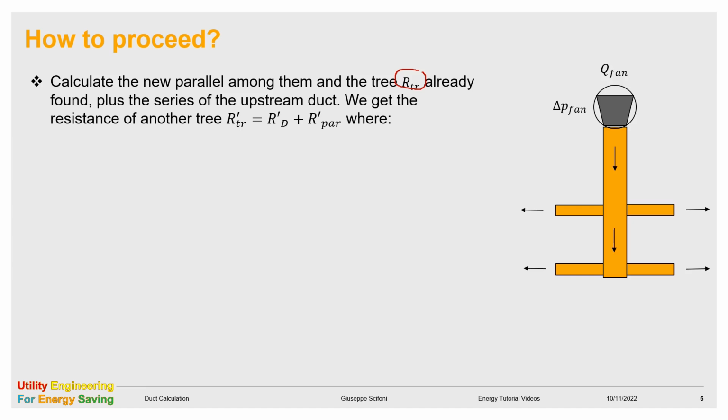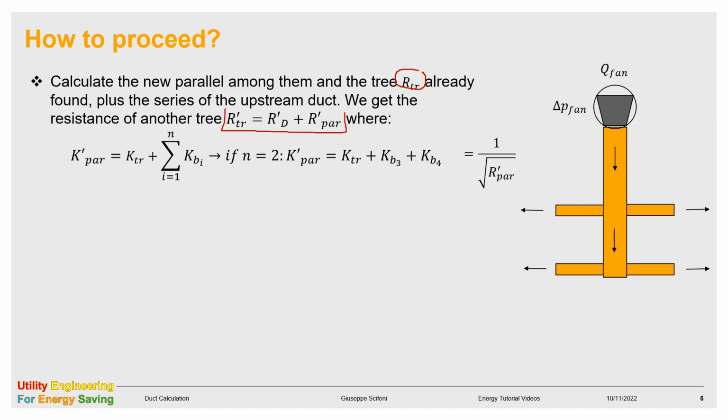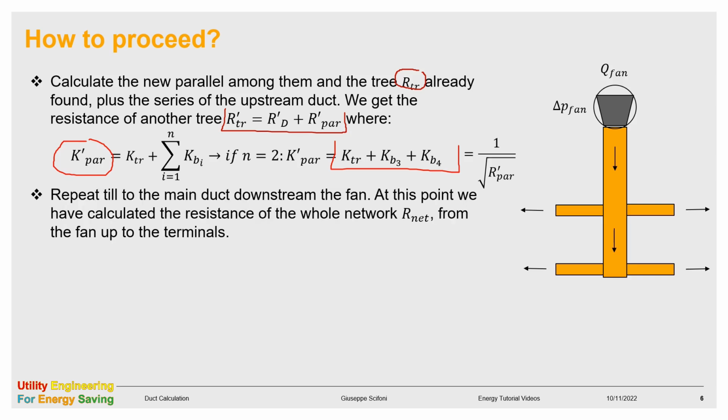We get the resistance of another tree, R3 prime, RD prime plus R parallel prime, where the conductance of the parallel prime is the sum of the conductance of the tree already calculated above, plus the conductance of the two new branches having the same node in common. Repeat the procedure until the main duct downstream of the fan.